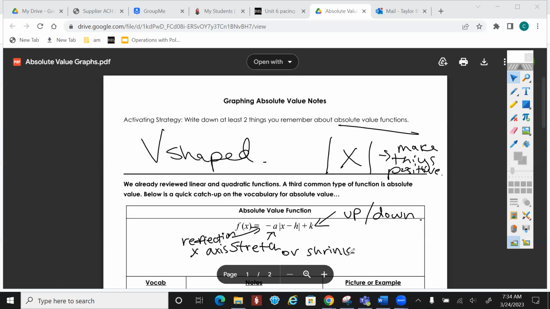Go ahead and get those down. We'll talk about H in just a second. H is going to deal with our left, right. Remember, it's going to be opposite of the sign. So if it's negative, it's going to move right. If it's positive, it's going to move left.